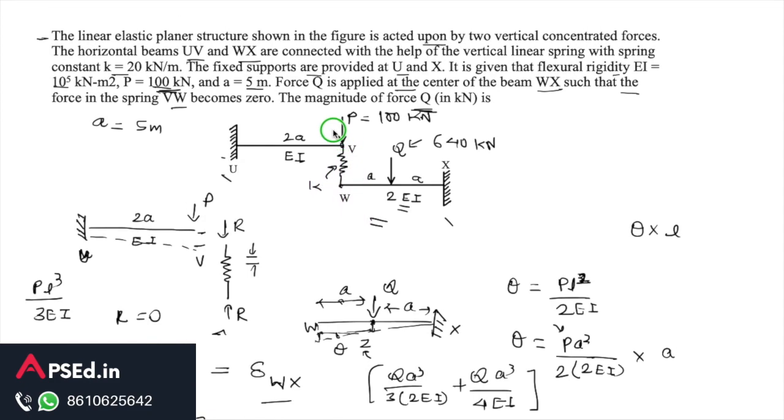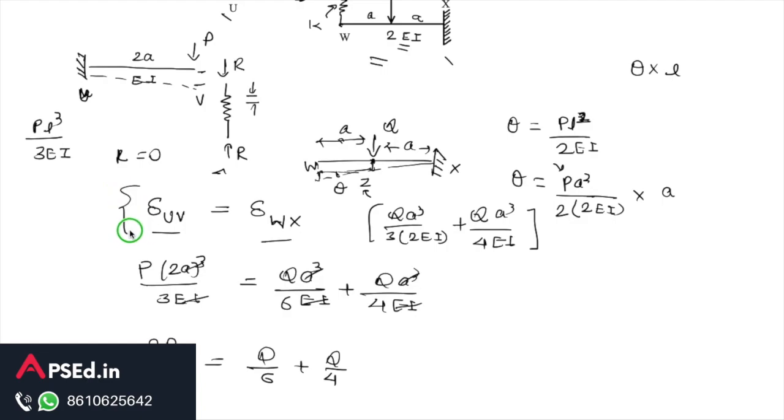Here you can see that the spring constant was given unnecessarily. Similarly, the value of flexural rigidity was given, which is not required unless we want to find out the deflection. If we had to calculate deflection, we would need this flexural rigidity, but here we just need the load Q, and for that we had to equate the deflection in both the beams.